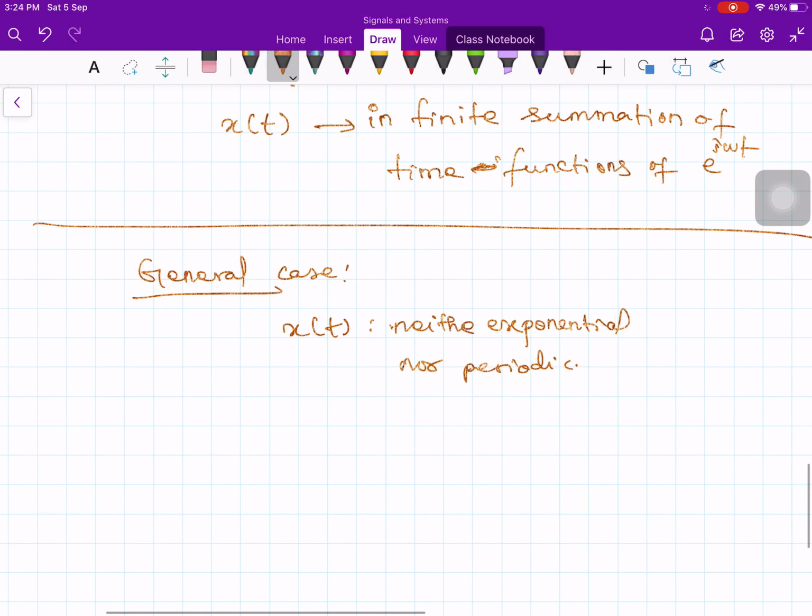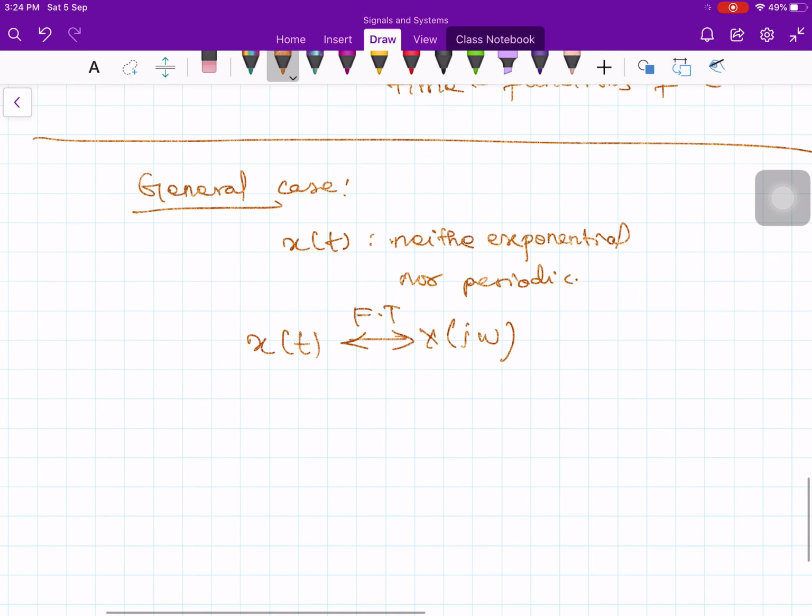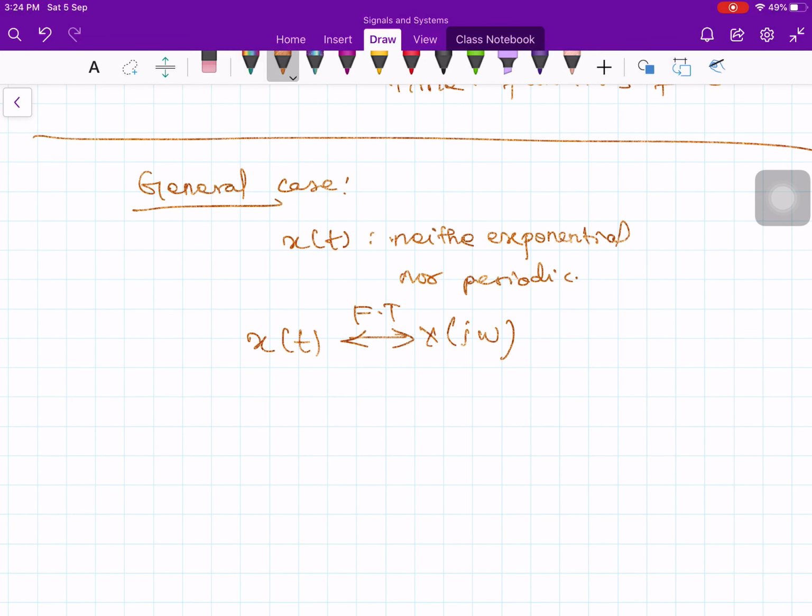This x of t is related to its Fourier transform, x of j omega. And now what is x of t? X of t is given by the Fourier integral. What is a Fourier integral? 1 over 2 pi, integral from minus infinity to plus infinity of x of j omega e to the plus j omega t d omega.